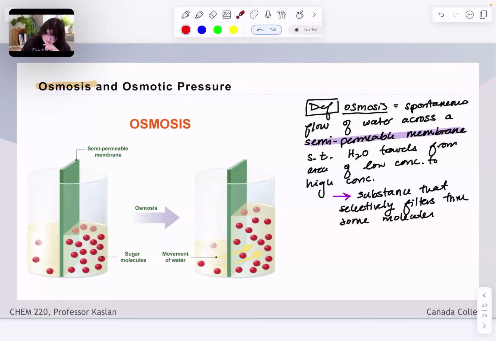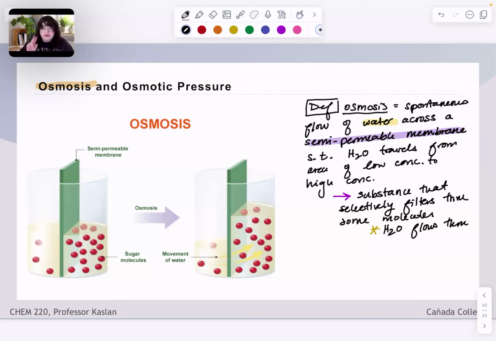Okay, so you've got this semi-permeable membrane. It selectively filters through some molecules. And in the case of osmosis, we're talking about the flow of water. So this is something that will allow water to flow through, but typically not any larger molecules.